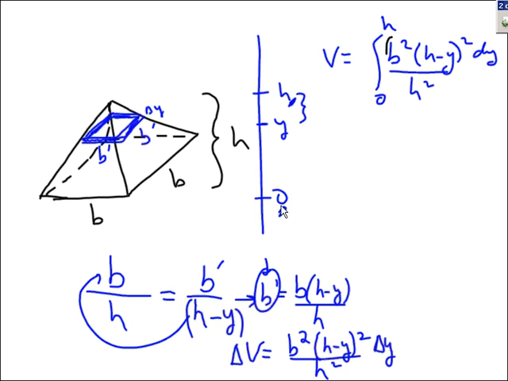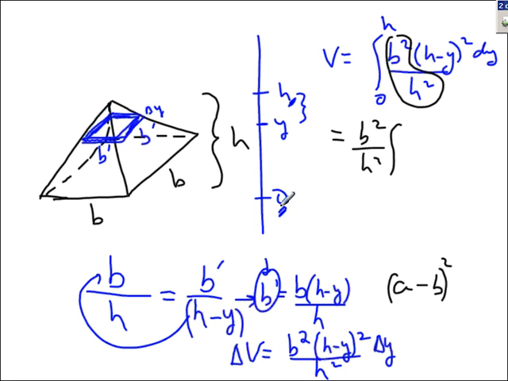The b over h squared can come out. This is b squared over h squared. And since we're squaring, a minus b squared is the same as b minus a squared. That way I can have y first: y minus h squared dy.